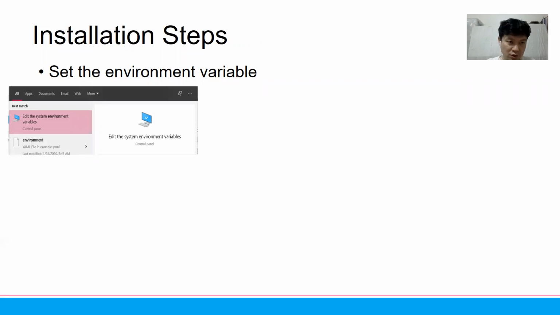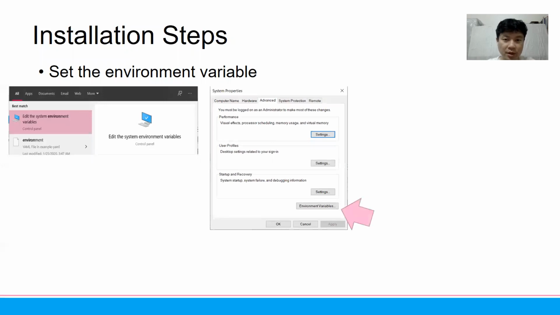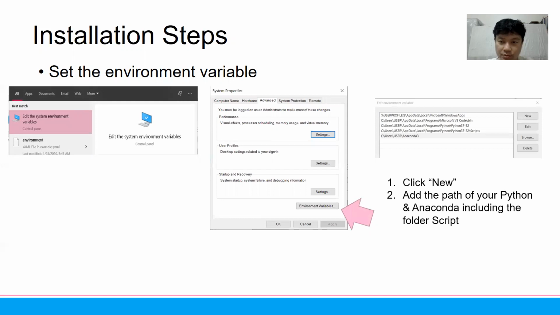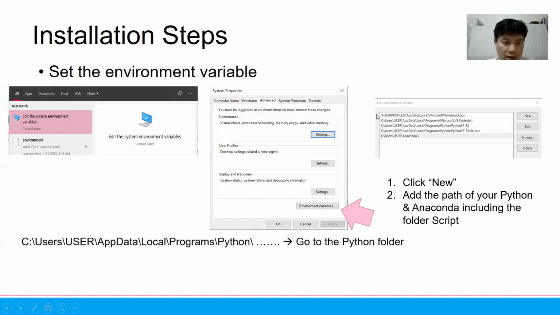So first, you can go to the edit system environment variables, click the environment variables, and then you can see the edit environment variables. And when you click on the edit environment variables, you need to add the path where your Python and the Anaconda, including the folder scripts, into this one.